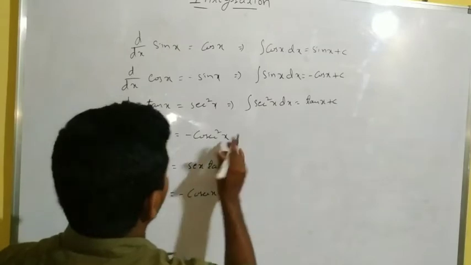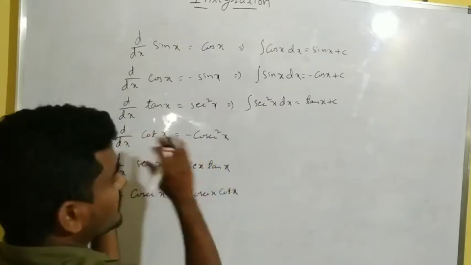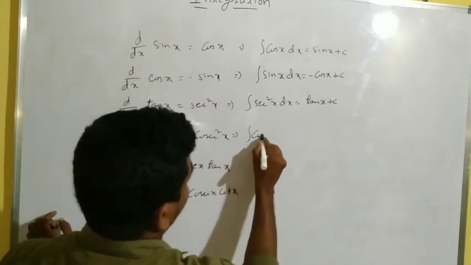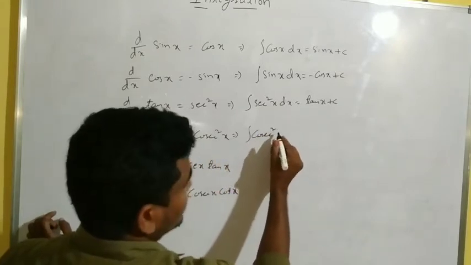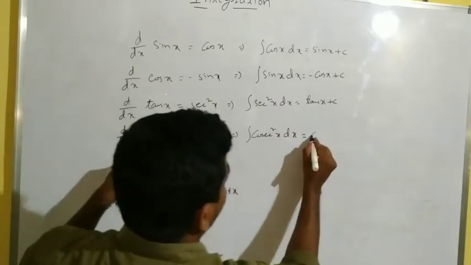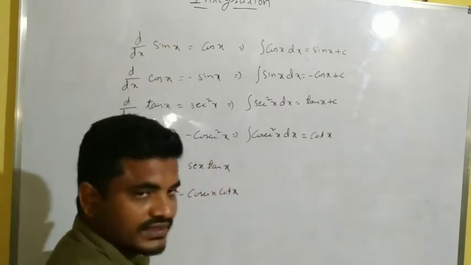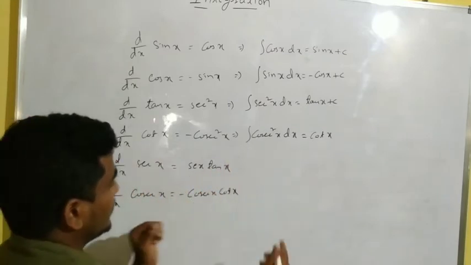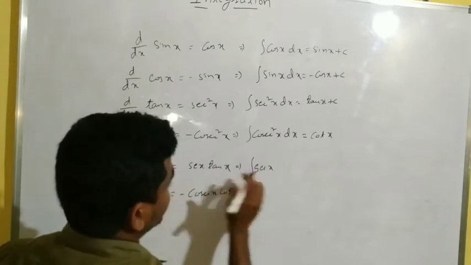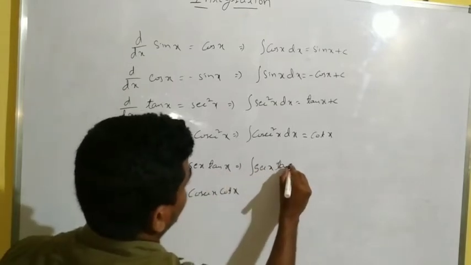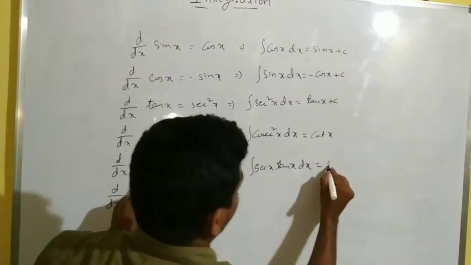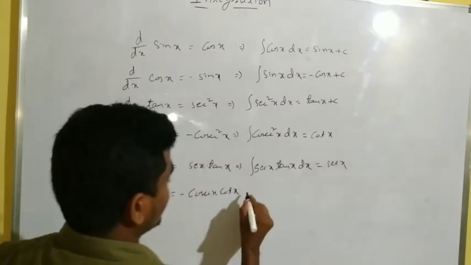Similarly, where a minus is there, this minus is always sent to the left side. So the integration of cosecant square x dx equals minus cot x. And next, the integration of secant x tan x dx equals secant x.